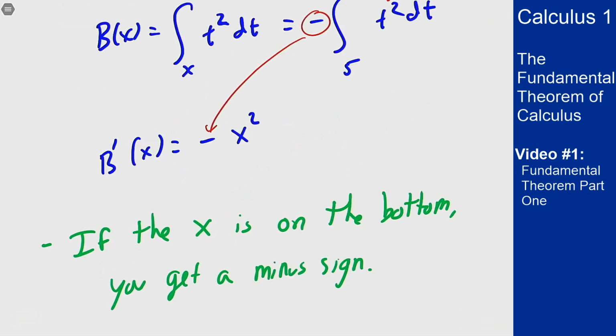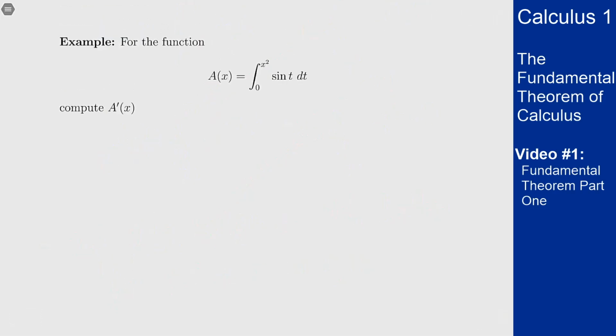Now what else can we do with this? What if it's not just an x? Here I have a of x is the integral from 0 to x squared of sine of t dt. I can do the same thing, but now I want to think about that x squared as a single unit and see what I get. So if I let u be x squared, what do I have?